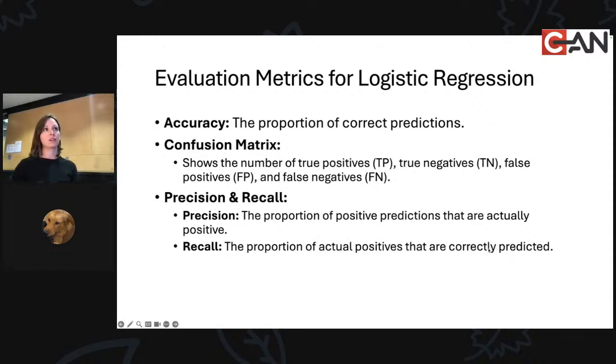Now, there are 2 situations in which you can be incorrect, and they're not great in our example of breast cancer. There are false positives. That is where we tell you that you have breast cancer, and you, in fact, do not have breast cancer. You can imagine how devastating that might be.